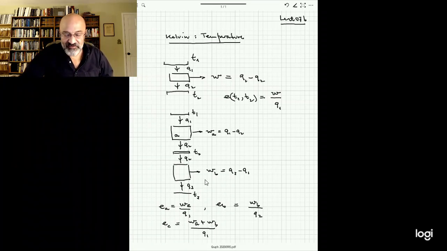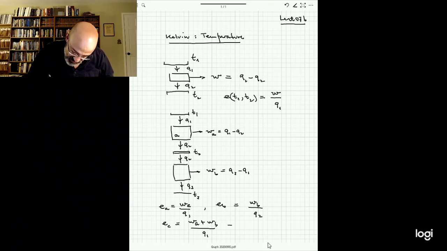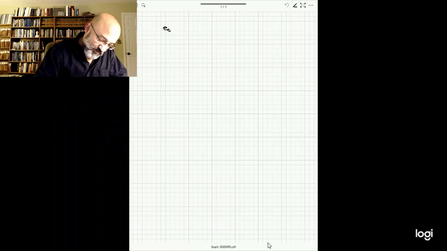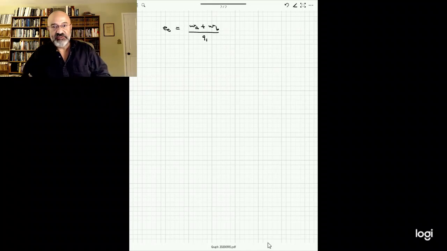So one of the interesting features we see immediately from here is that EC is WA, the work from engine A, plus the work from engine B, divided by the total amount of heat coming from the top.